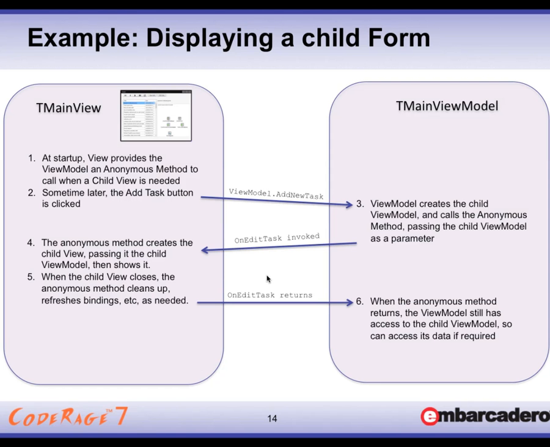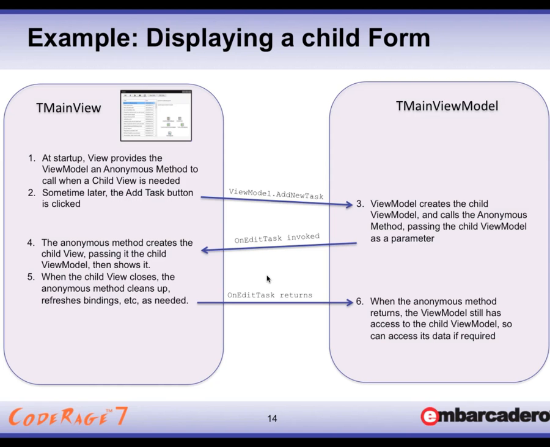But for now, just think about the fact that our view model, in my case, is making decisions about when things should happen, because that's where all the logic of my view lives. And so it needs to make the decision that now it's time to display a child form to the user.